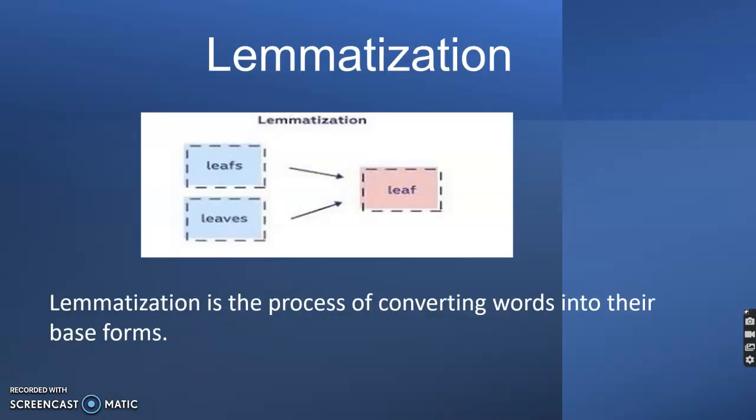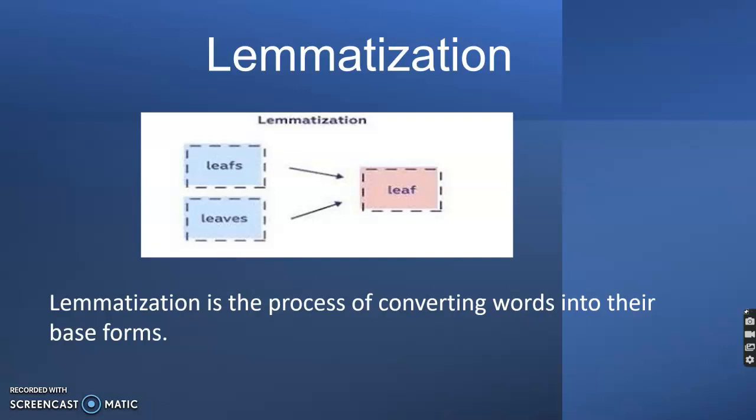Lemmatization is also one of the important pre-processing techniques in NLP. It's very simple. It's a process of converting words into their base forms. For example, you have a data set where you can see multiple words like leaves, leafs, something similar. But after we lemmatize, we just take one word, that is leaf.